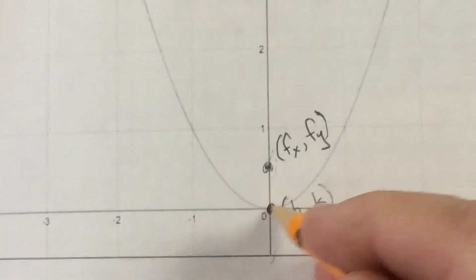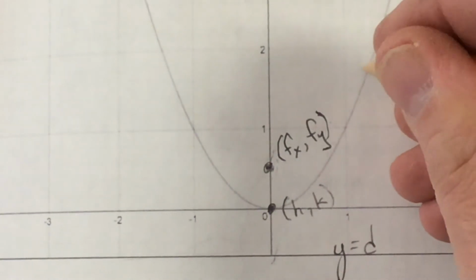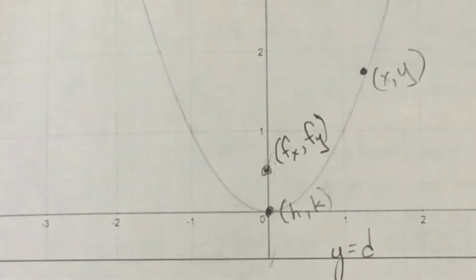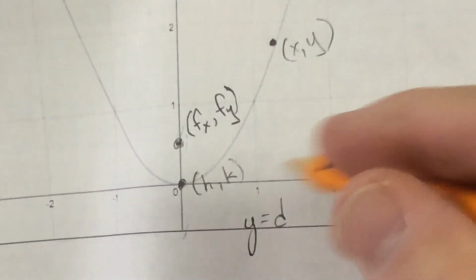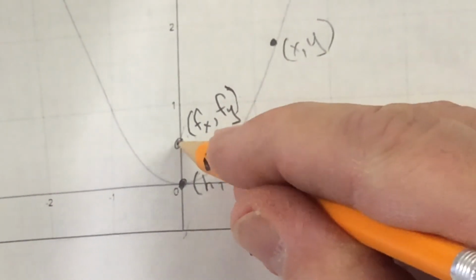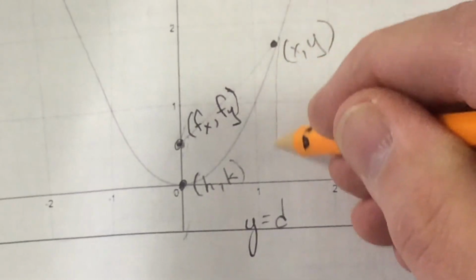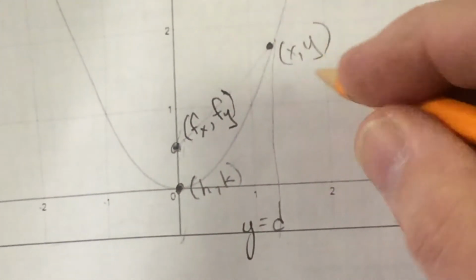And any point anywhere along here, any point at all, is just generically x comma y. And the definition says that this distance from here to here has to be equal to this distance from here to here. That's what makes this a parabola.